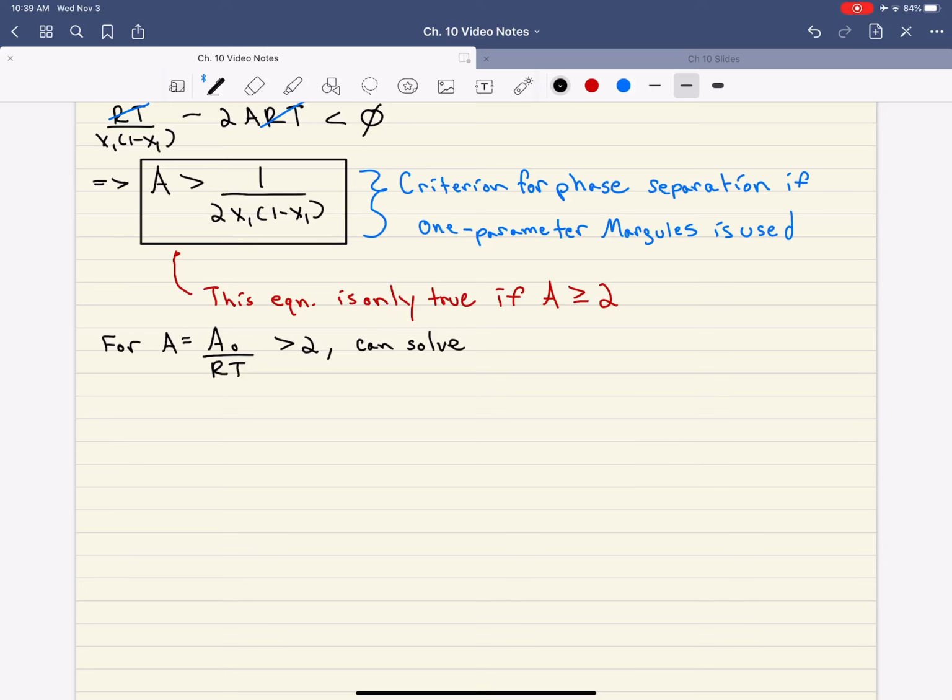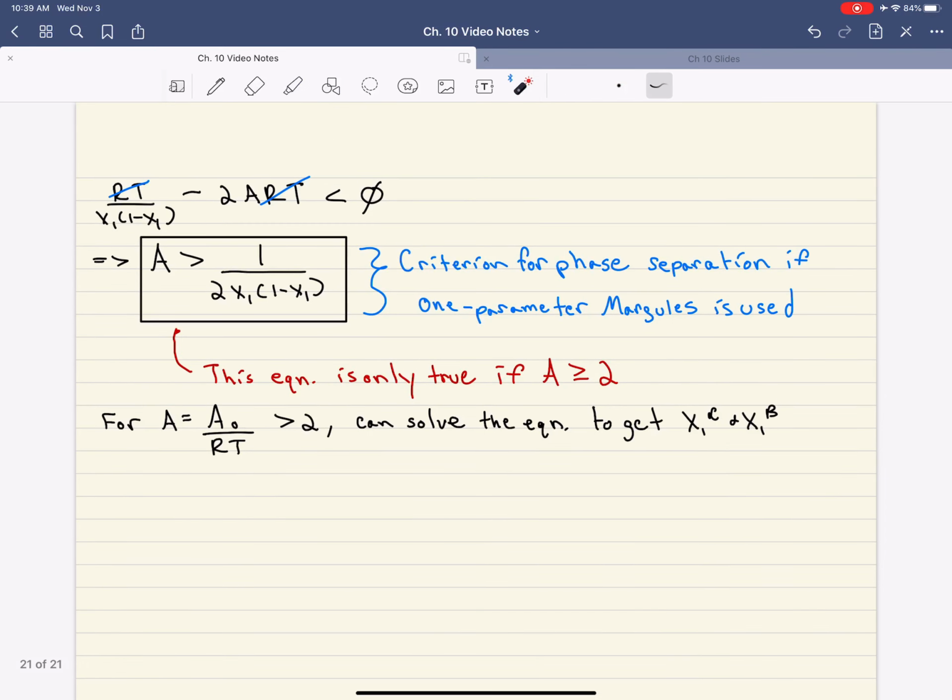And if you know your A value, you could solve the equation to get x1 alpha and x1 beta. Because we see here that we have two roots, you should be able to get two x1 values out of it. And the lower one and the higher one are going to correspond to different phases.